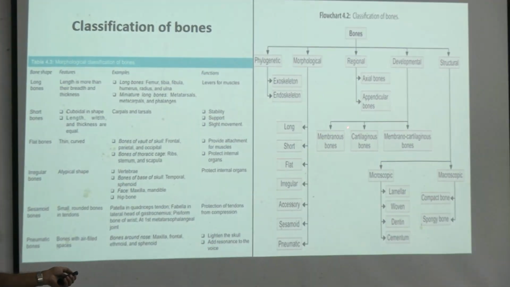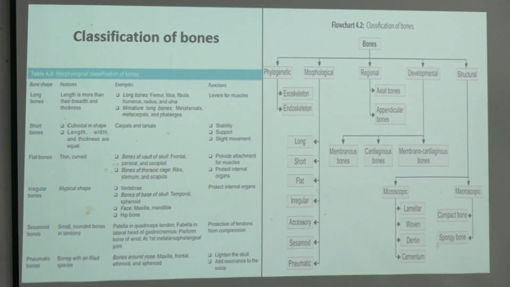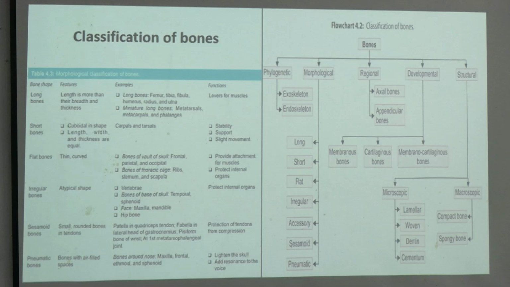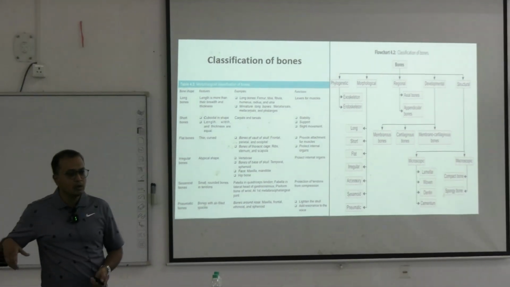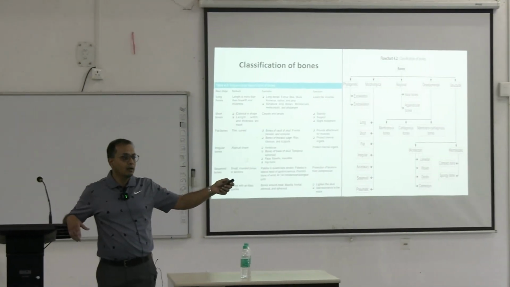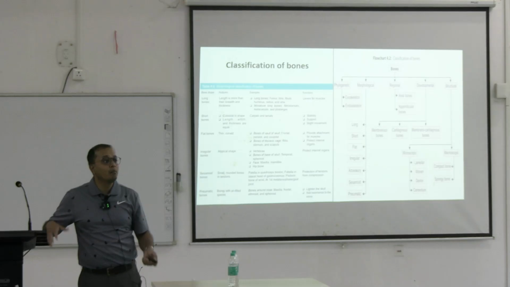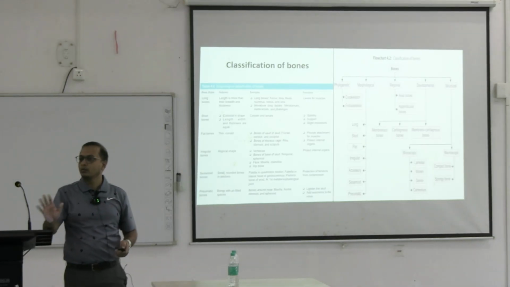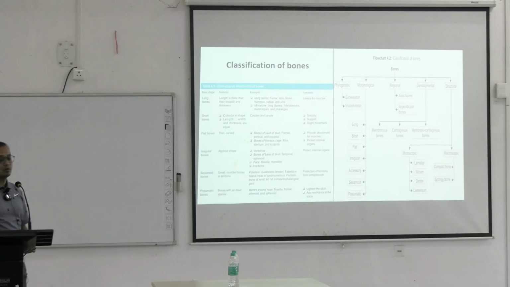Membranous bone, cartilaginous bone or membrano-cartilaginous bone. That gives the history: before this bone actually becomes bone, how their ancestors were, whether they were cartilage or membrane or together. So, that is why you can classify that. This whole thing we call classifications of these bones.